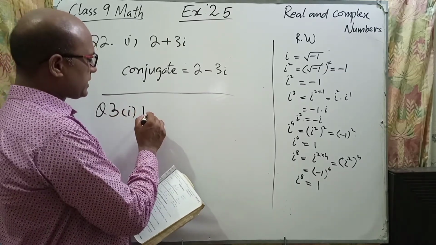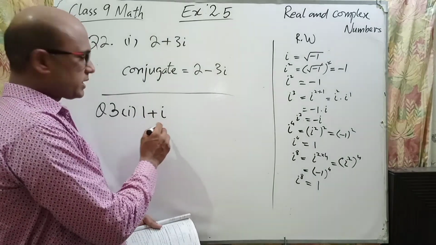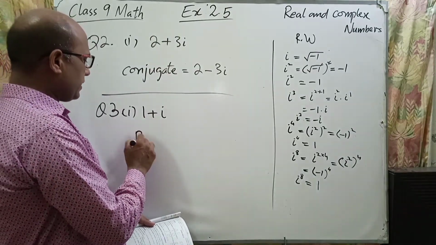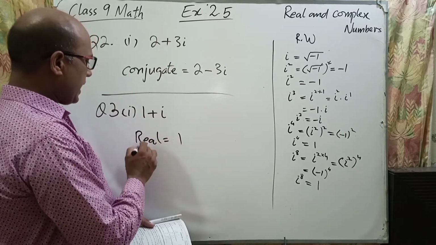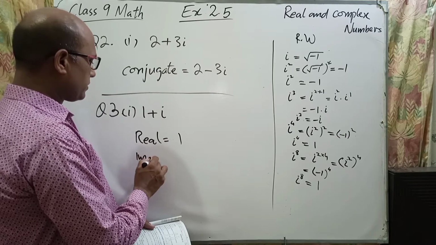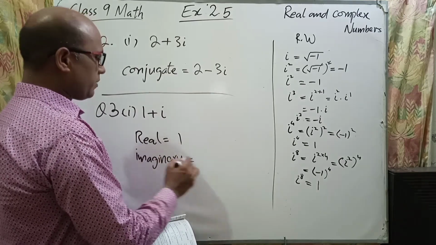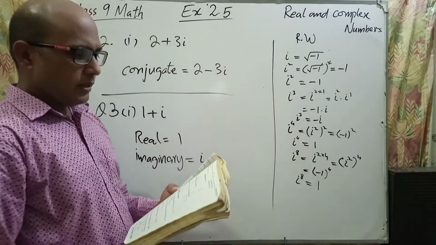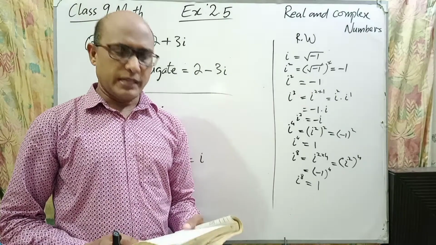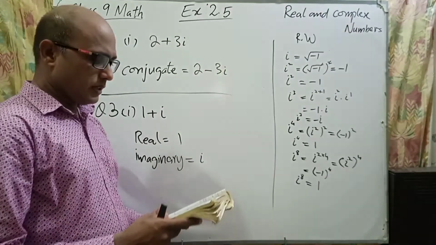In the first part, it is written 1 plus iota. In this question, the real number is 1 and the imaginary number is iota. In the same way, all the parts will be done. You can easily solve. It is not a very difficult question.